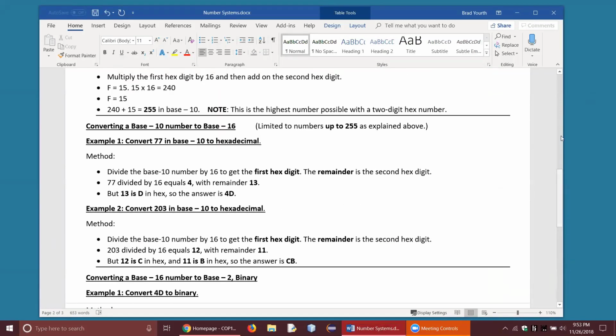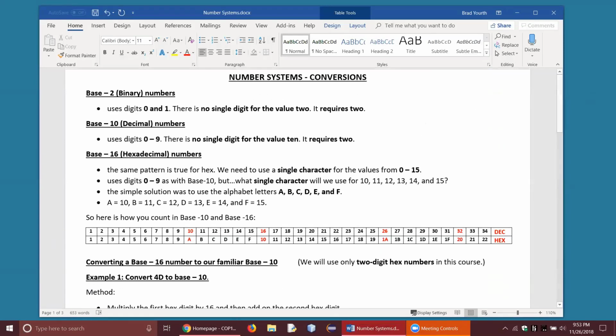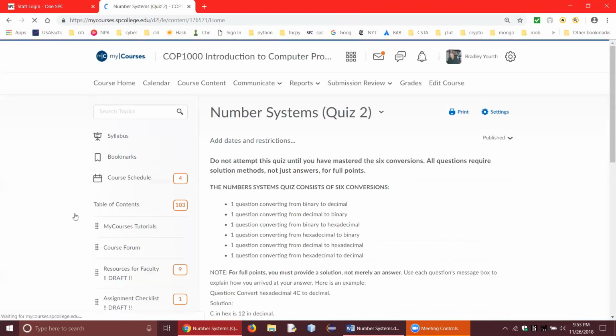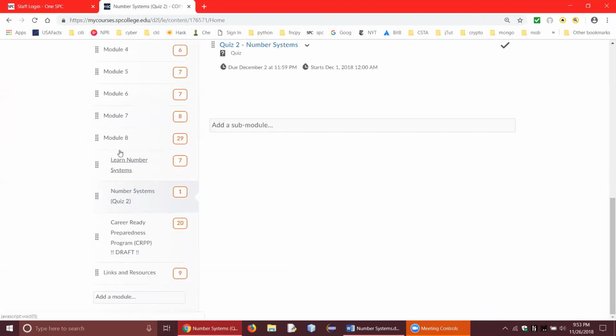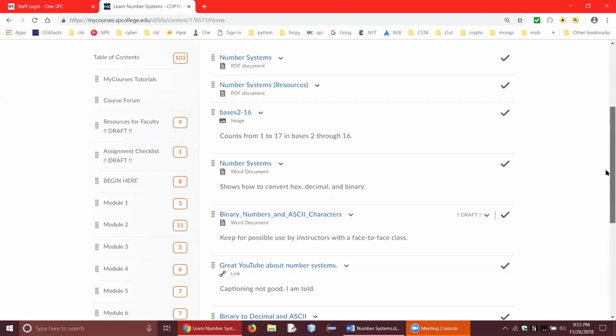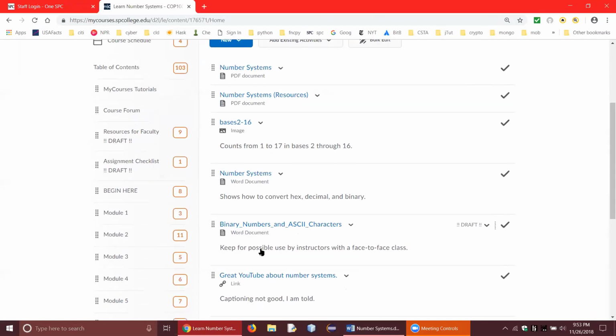Well, that's about all I had to show you, except back on our course page, I'm going to go into Module 8. And if we go into Module 8 and click on Learn Number Systems, there's a number of resources in here for you. Incidentally, that document that we just went through, this is it right here.